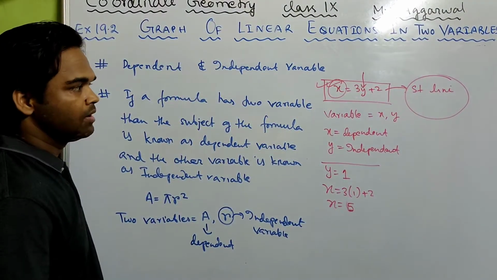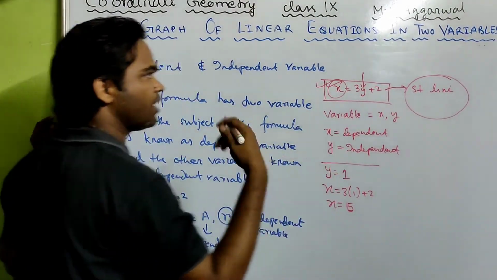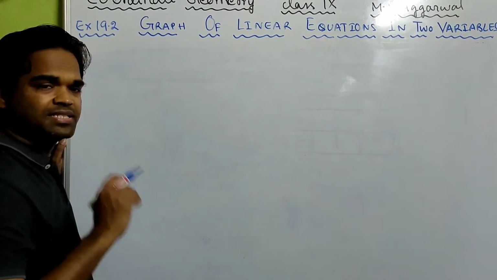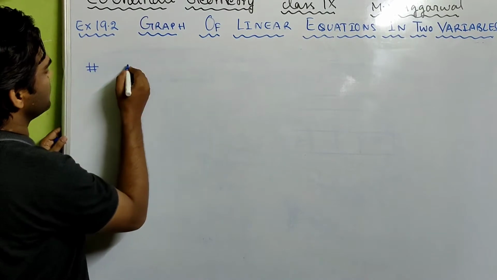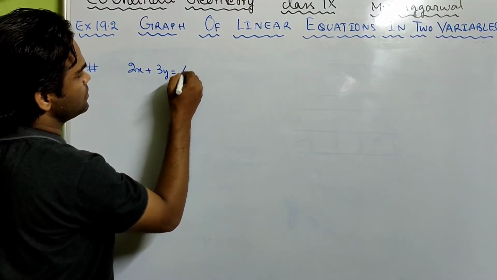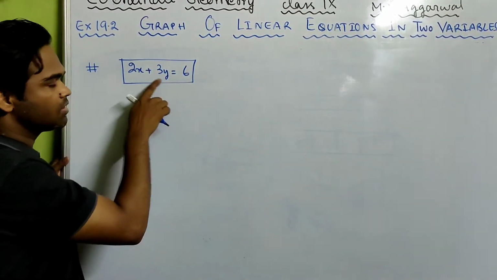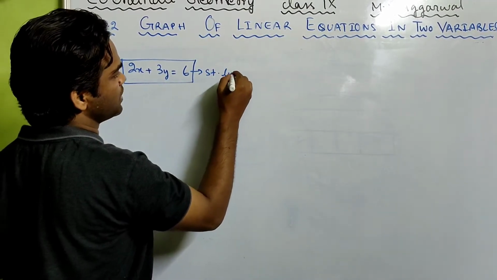Okay? Let us take an example and draw the graph for a linear equation in two variables. Suppose 2x plus 3y is equal to 6. Now this is a linear equation in two variables, x and y, and this represents a straight line. How?